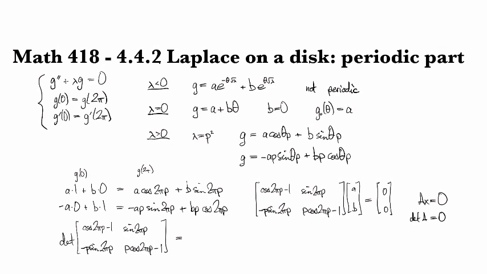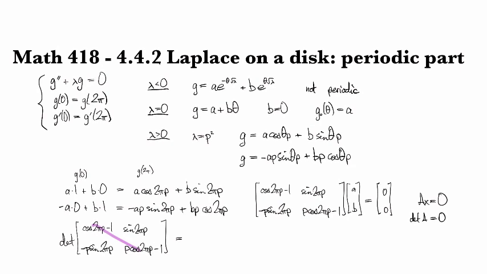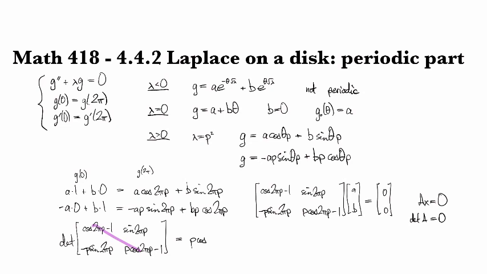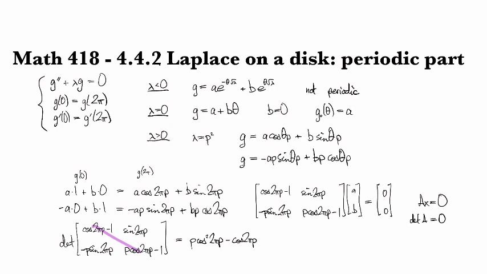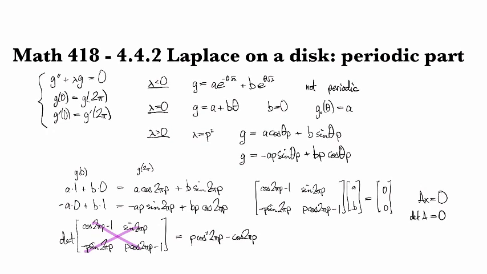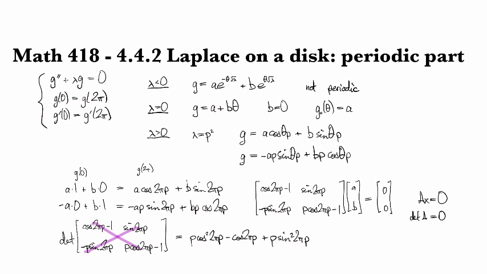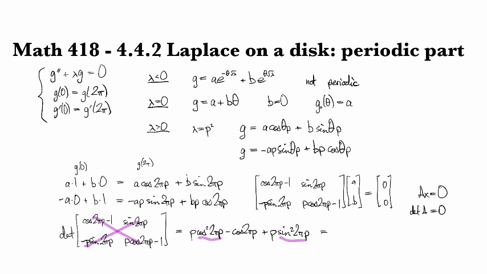The product coming down the main diagonal gives us p cosine squared 2 pi p minus cosine 2 pi p. And the product coming up the other way, since it comes with a minus sign, cancels the negative, so we've got p sine squared 2 pi p. Then the cosine squared and sine squared add up to give me 1, so I have 1 minus cosine 2 pi p.